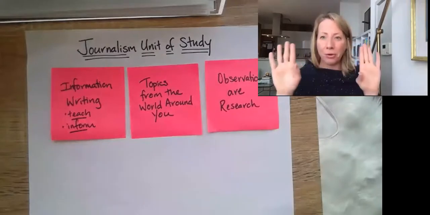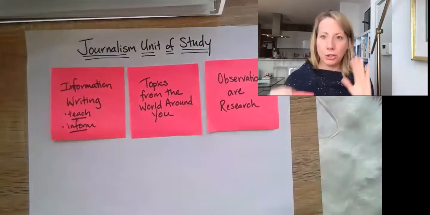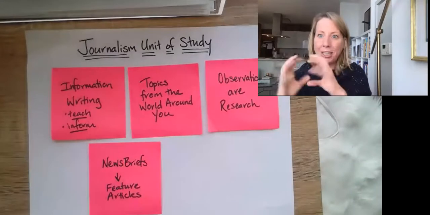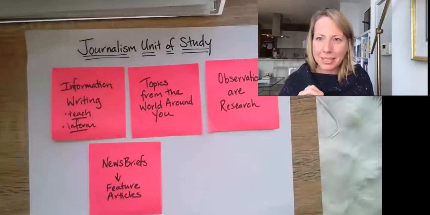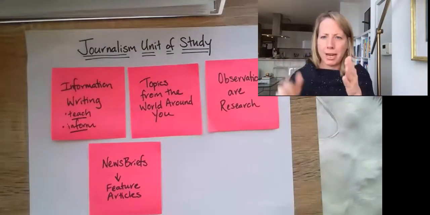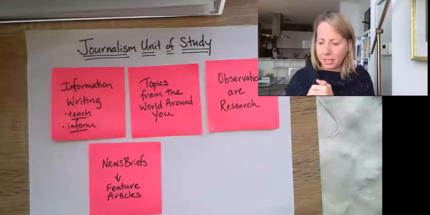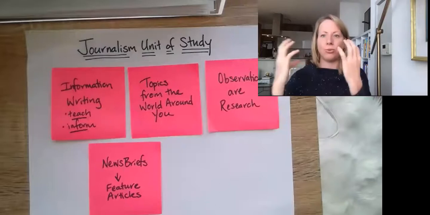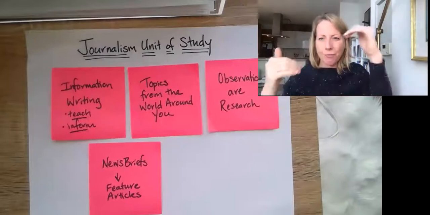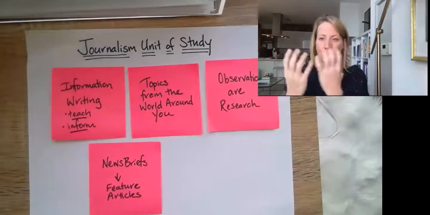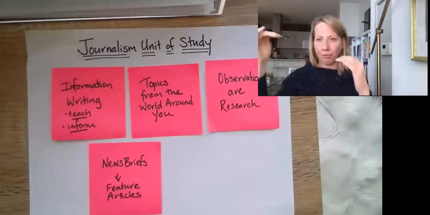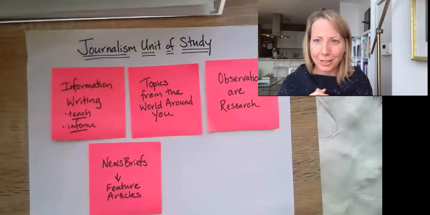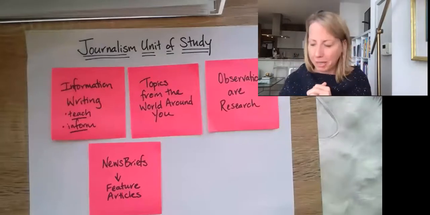This unit is broken into 2 parts, 2 bends, if you will. The first part, students are writing little mini news briefs. Think about the NBC5 News, 30 minutes, let's deliver everything that's happening in the world today. And during the second part of the unit, they take those news briefs, they look at different angles towards those news briefs, to write longer feature articles, a la the Dateline version, the 60 Minutes version.